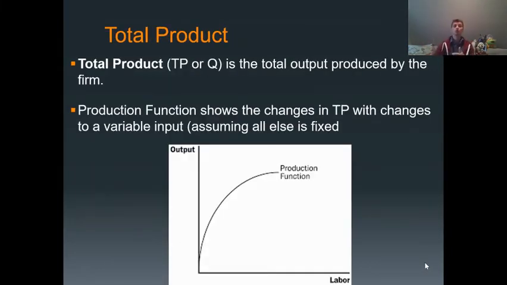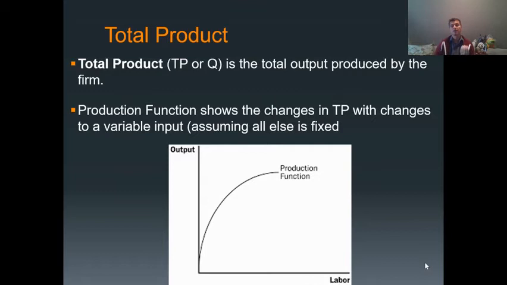If we look at our total product, you should see that it's represented by your production function. Your production function shows your total production. This is another example of a total product graph or a production function graph. You see that the input here that can be changed is labor. That's going to be the most common one that you see. And the output is on the Y once again.